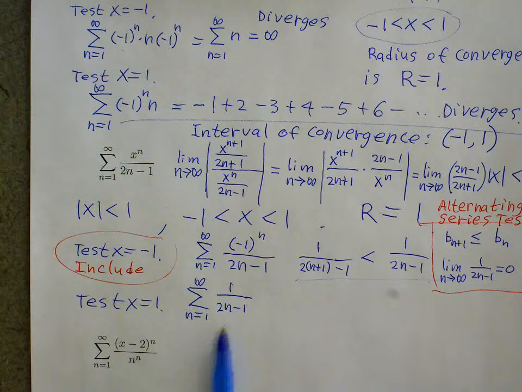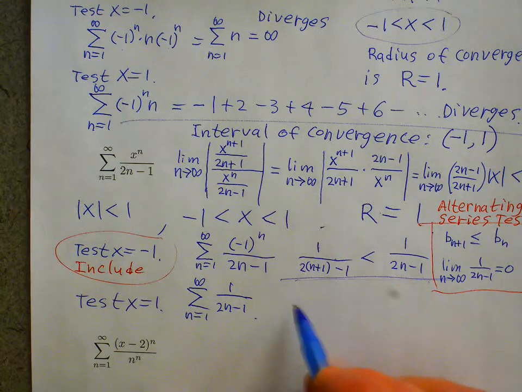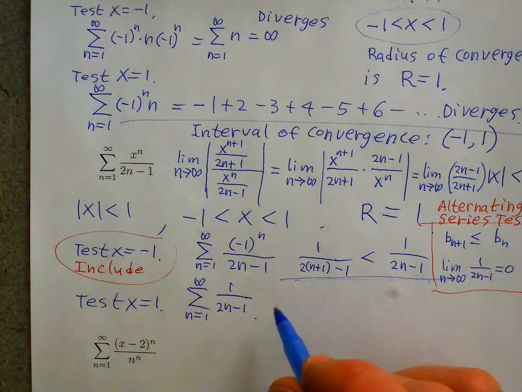Do you remember what this one does? When I see that 1 over 2n minus 1, I think that's pretty close. It's similar to 1 over n. And the infinite series of 1 over n diverges.